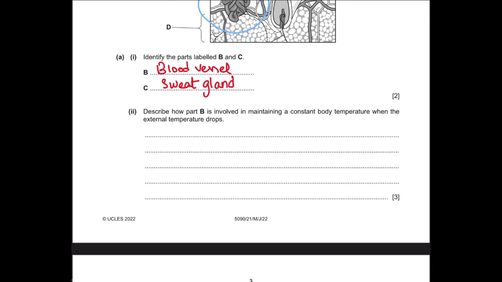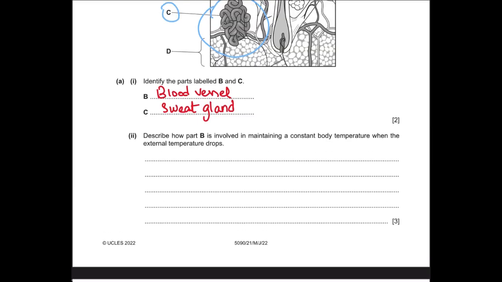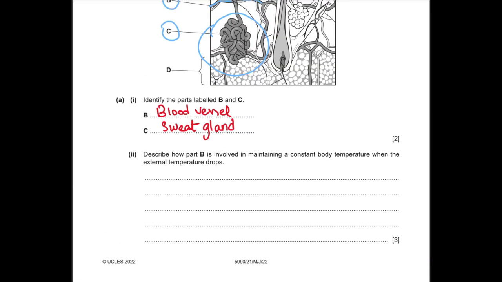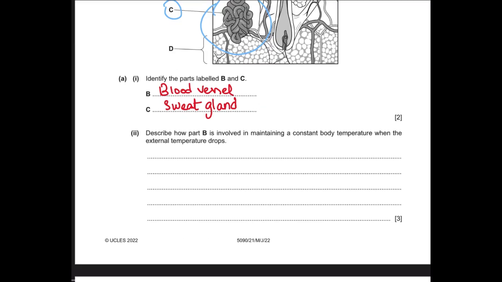Okay, so moving on. Describe how part B is involved in maintaining a constant body temperature when the external temperature drops. Okay, so B is the blood vessel and it actually narrows, its radius decreases so that less blood flows and to retain maximum heat. This is also called vasoconstriction.